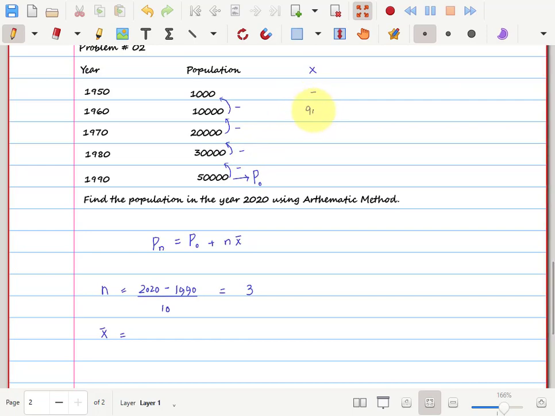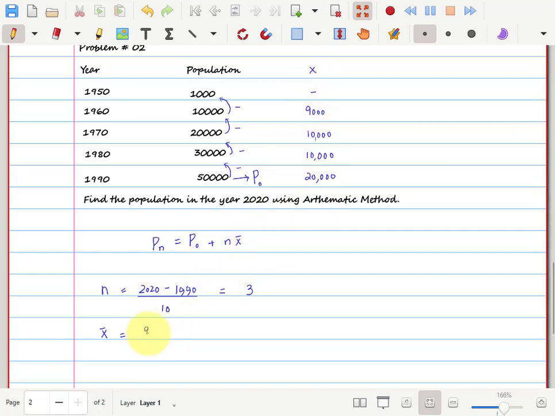This is 9,000, right? Then 20,000 minus 10,000 is 10,000, then 30,000 minus 20,000 is 10,000, and 50,000 minus 30,000 is 20,000. This is our x, but x bar is the mean, right?